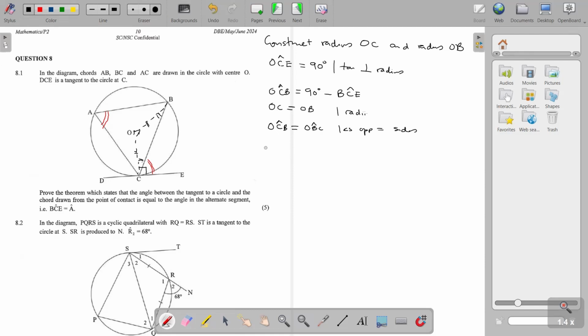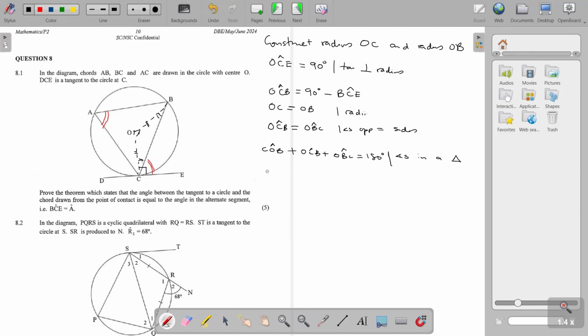So angle COB plus angle OCB plus angle OBC must be equal to 180 degrees. What is the reason for that? These are angles in a triangle.